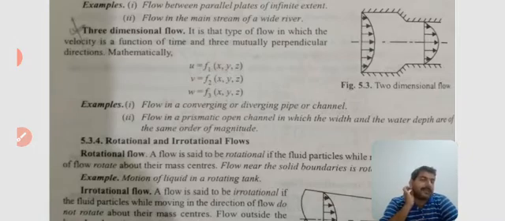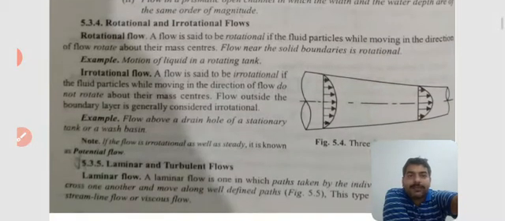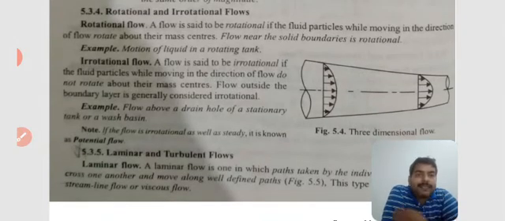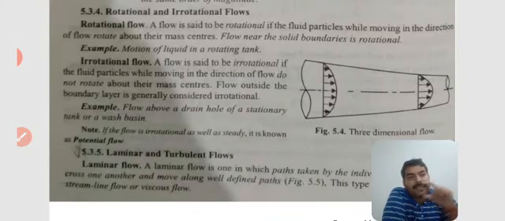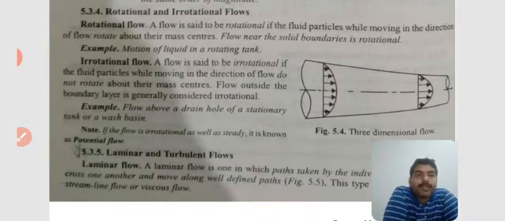This is the example of three dimensional flow, converging or diverging, with the same magnitude of the velocity of the fluid. Now the next one is rotational and irrotational flow.